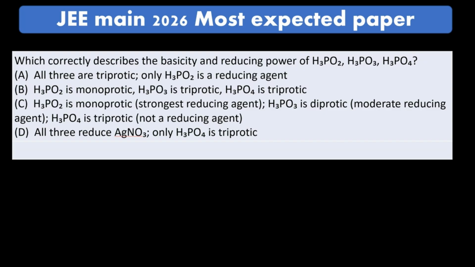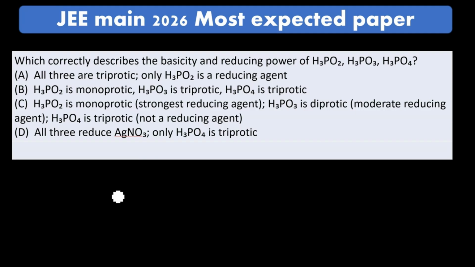Option B says H3PO2 is monoprotic, strong reducing agent; H3PO3 is diprotic, moderate reducing agent; and H3PO4 is triprotic, not a reducing agent at all. Then option D says that all three reduce silver nitrate, only H3PO4 is triprotic. Okay, this question you are going to answer. I'll give you the idea.